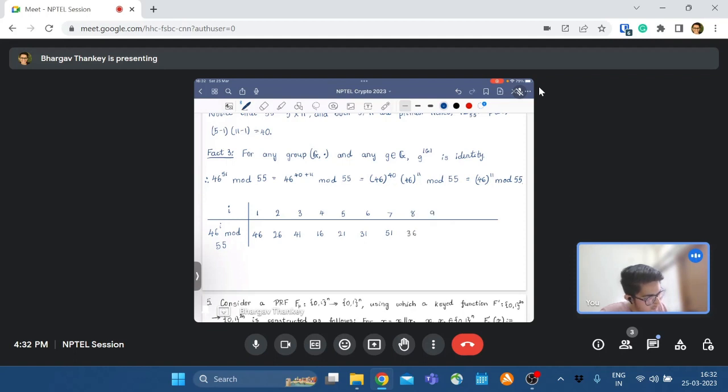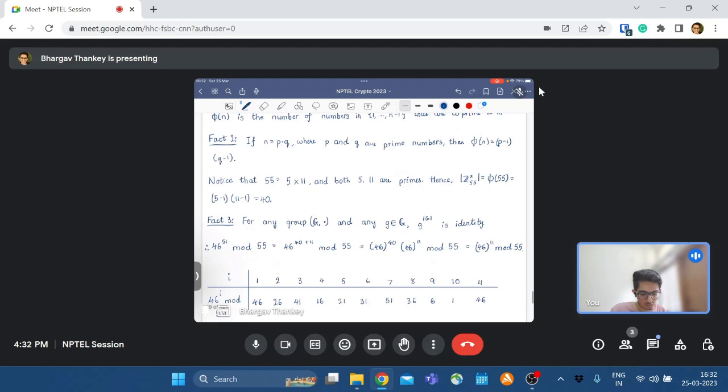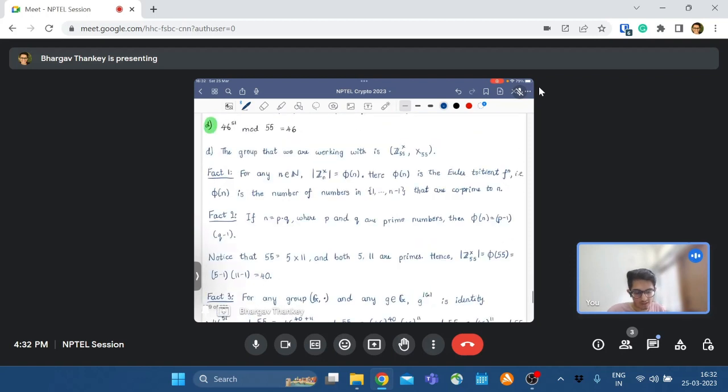When I is 9, this is 6. When I is 10, this is 1. So when I is 11, we are going to get 46 again. So 46 to the 11 mod 55 is 46. And as we saw, that is the same as 46 to the 51, right?